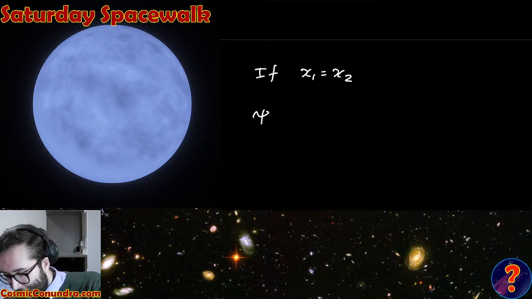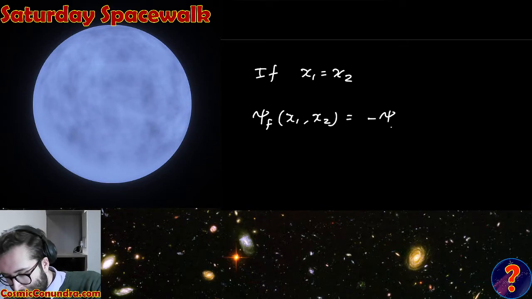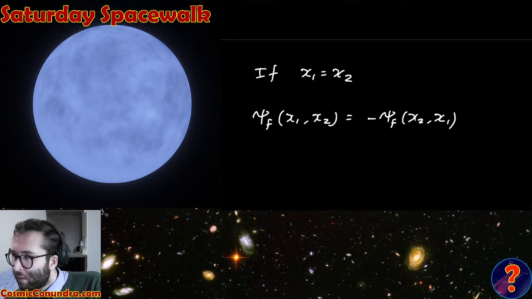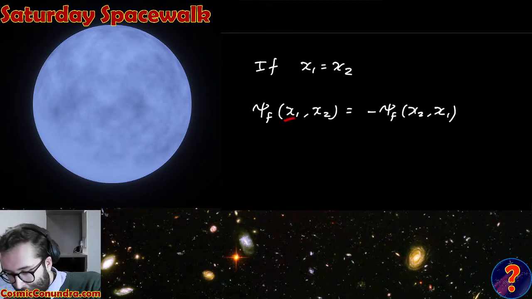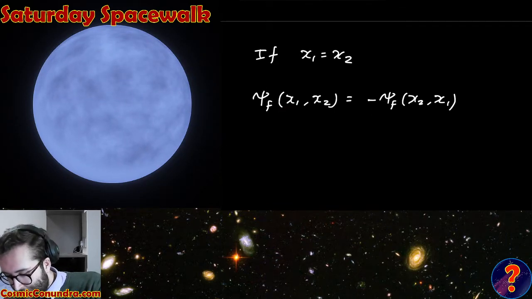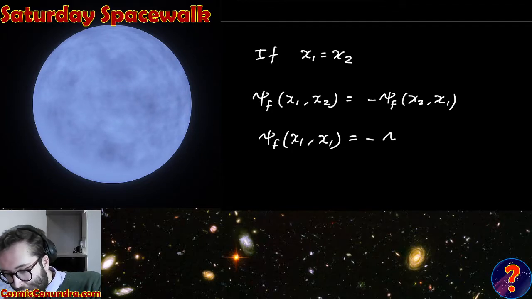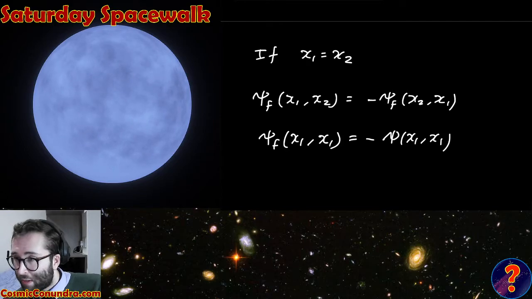Well, remember that if we switch the labels in the fermion wave function, we get this net minus sign once we've switched the particle positions over. But if we have x1 equal to x2, then what we're really saying is that the wave function with both particles located at the same position is equal to minus itself.